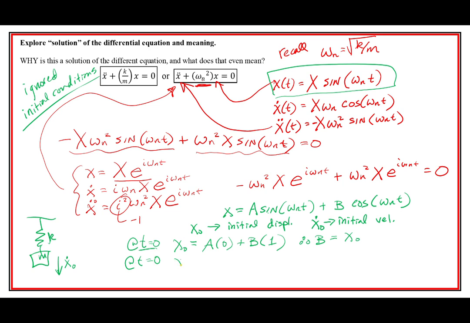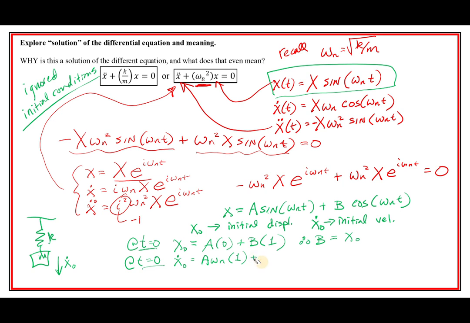And then we could also now add time there. We could say that x dot is going to be equal to, well, let's take the derivative of this thing. So we would have a times omega n times the cosine of 0, because we're putting in the time of 0, so that's going to be equal to 1. And then we already know that this is equal to x0.